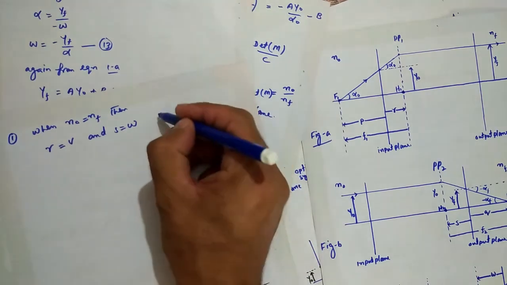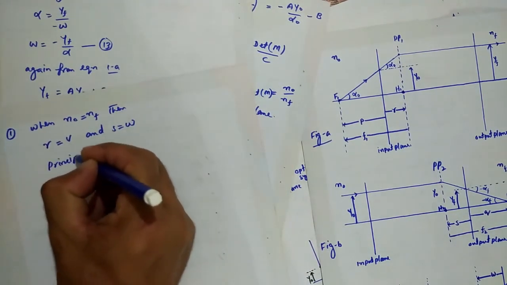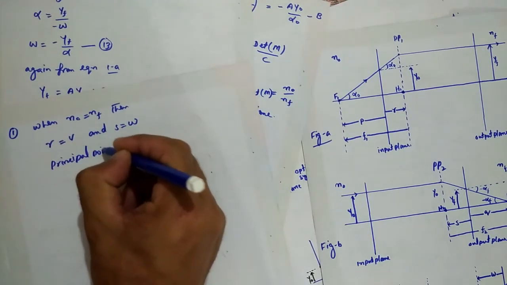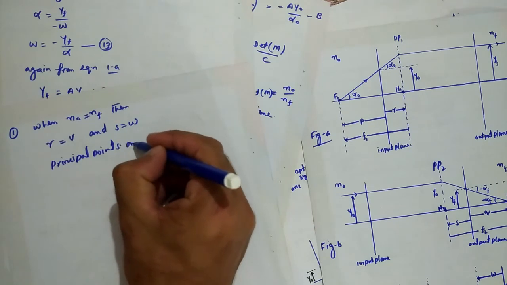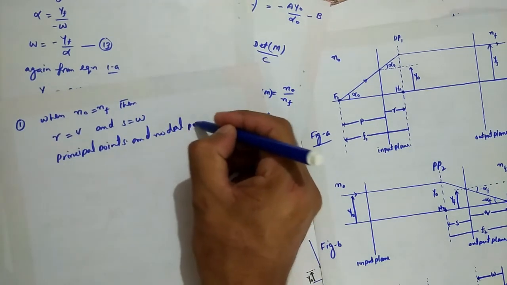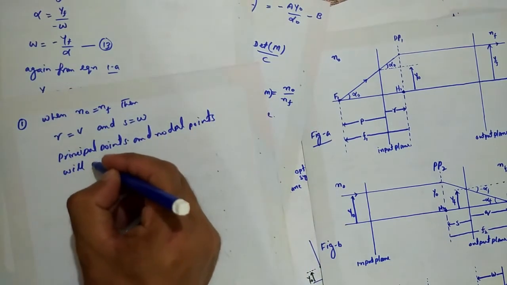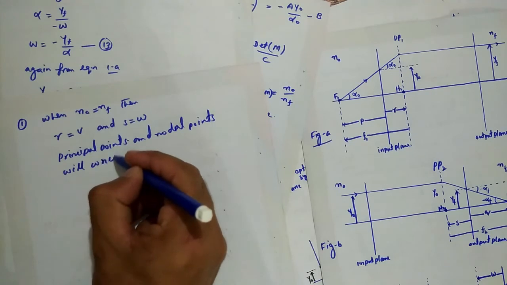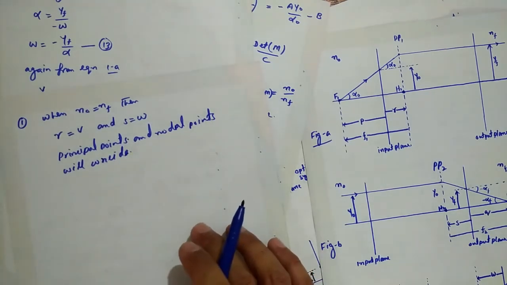This means that principal points and nodal points will coincide. Clear?